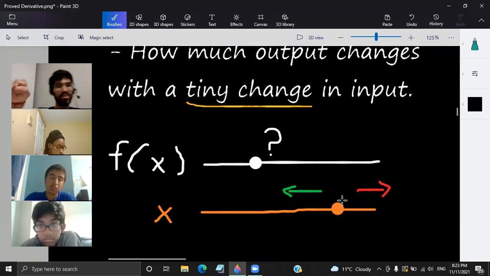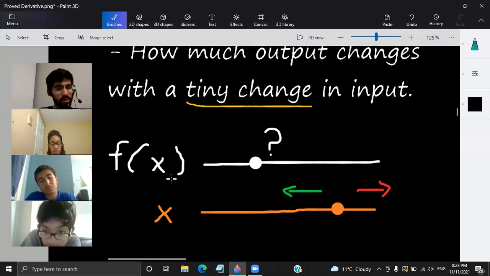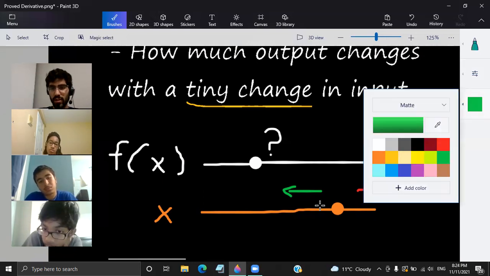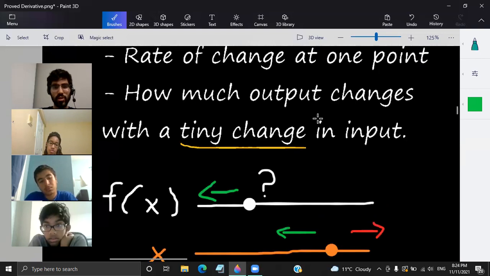You can turn it left or right. And your job then is to see, okay, let's say I move the knob a little bit to the left. What happens to the change in the output? So it could be that I move it a little bit left, and the output also goes a little bit left. That's what a derivative is trying to measure.